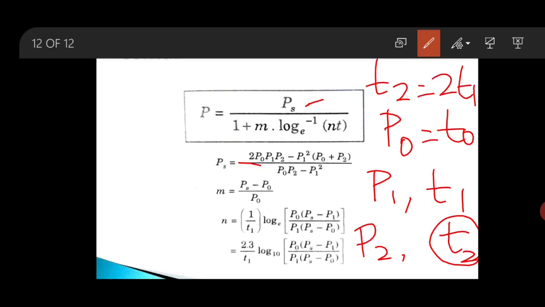So, we will have to take P2, that is the population at time 2t1. So, this is all about your logistic curve method.